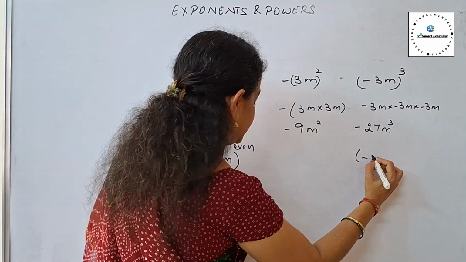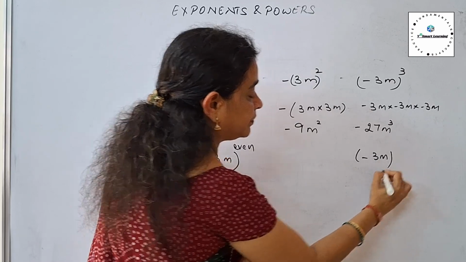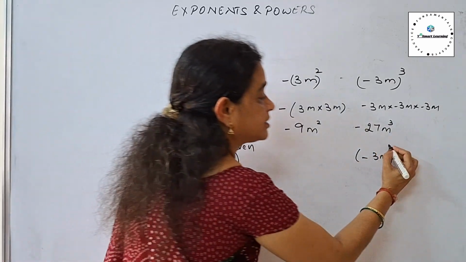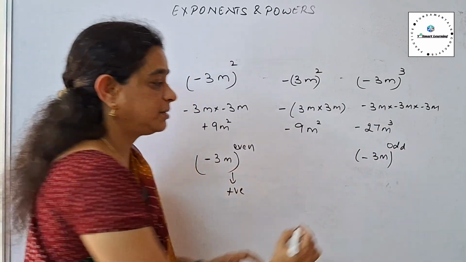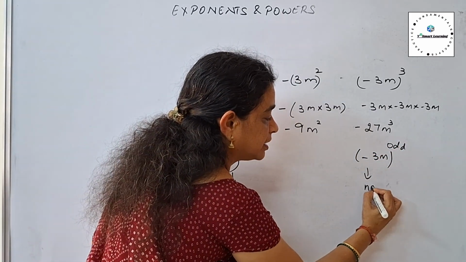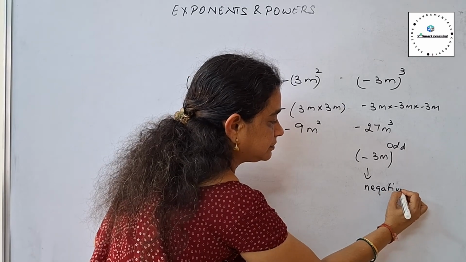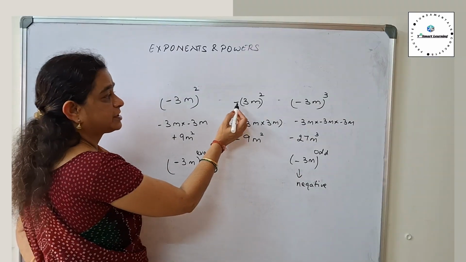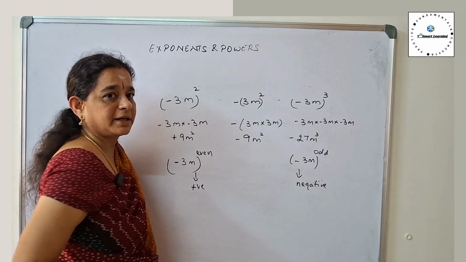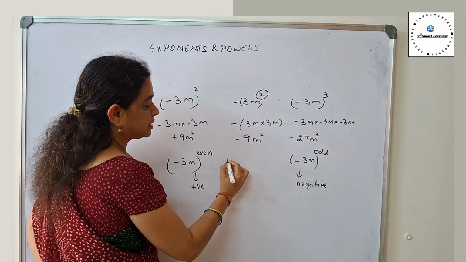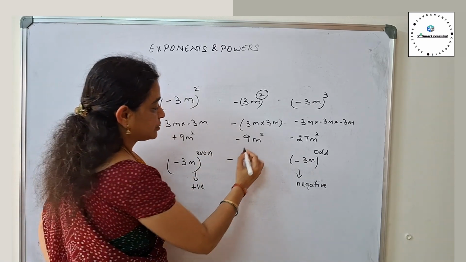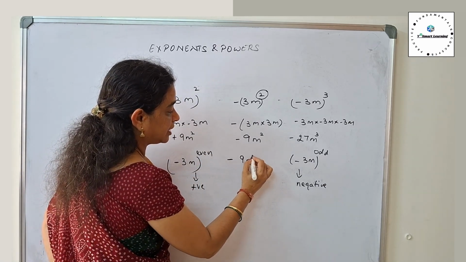When a negative number is raised to an odd power with the negative sign inside the bracket, the answer is negative. If the sign is outside the bracket, irrespective of whether this is even or odd, the answer will be negative. So this will be minus 9m squared.